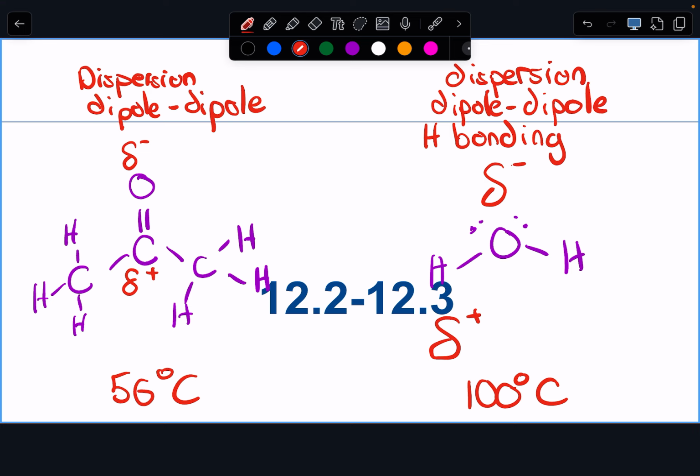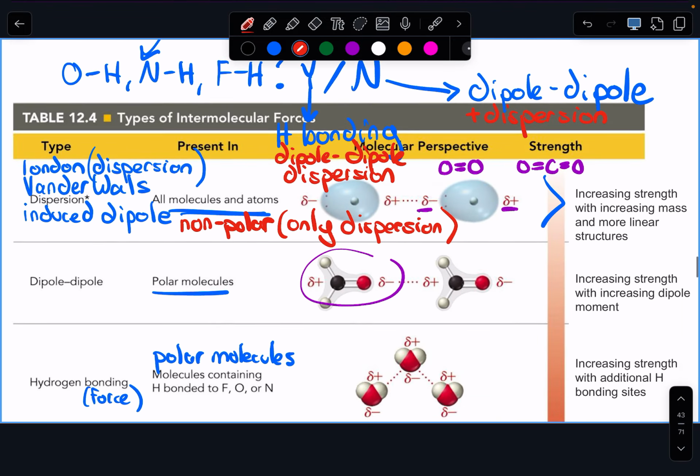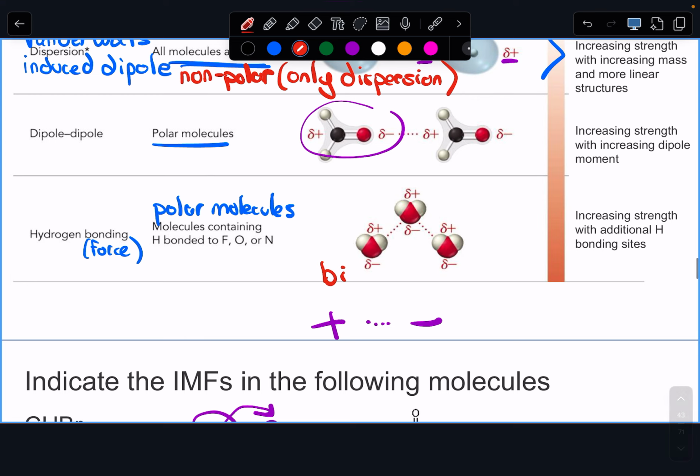So oxygen, nitrogen, and fluorine are the most electronegative atoms. And hydrogen is one of the least electronegative atoms that we see participating in covalent bonding. And so the difference in electronegativity is very big. Let's add that to our list down here. So, big difference in electronegativity.